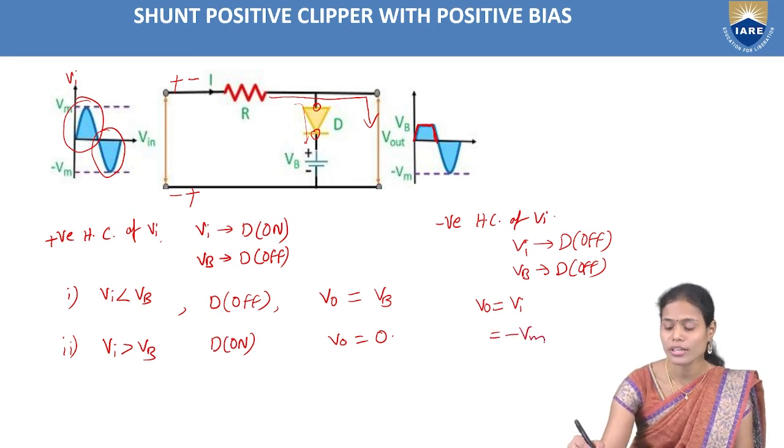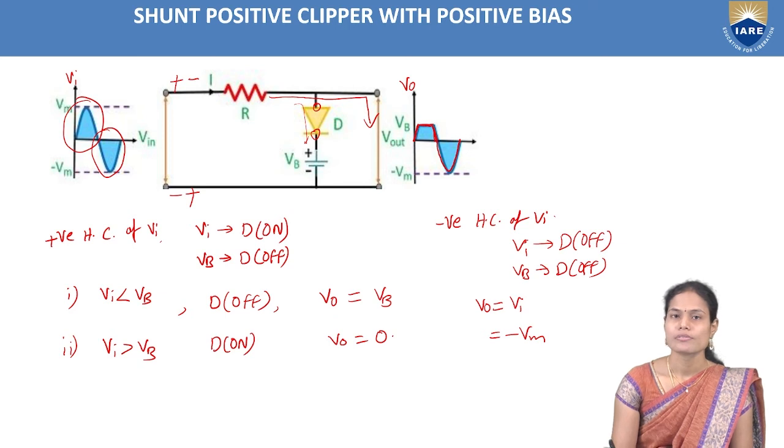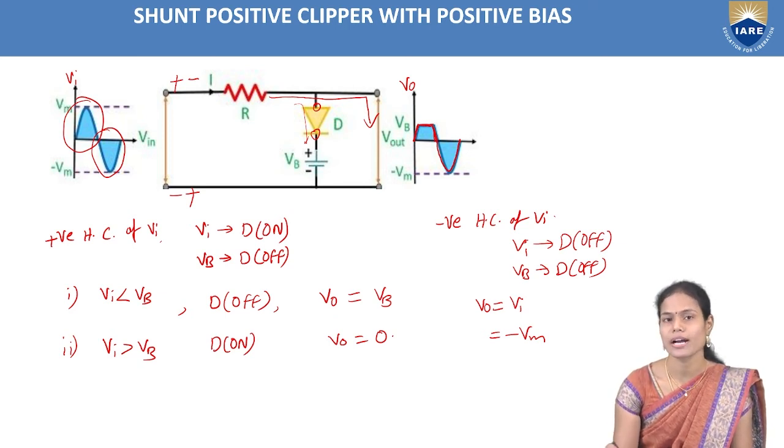So during the negative half cycle, my output voltage is minus Vm. From this we can say the shunt positive clipper with positive bias will clip some portion of the positive waveform, that is, above the battery voltage.